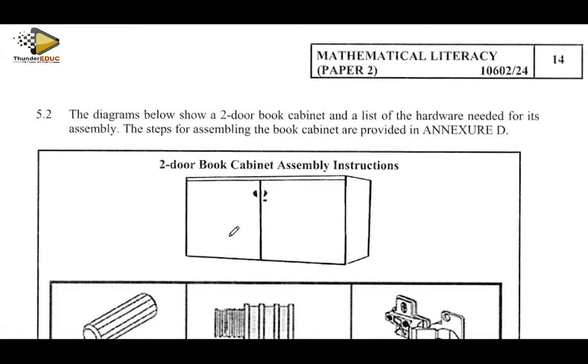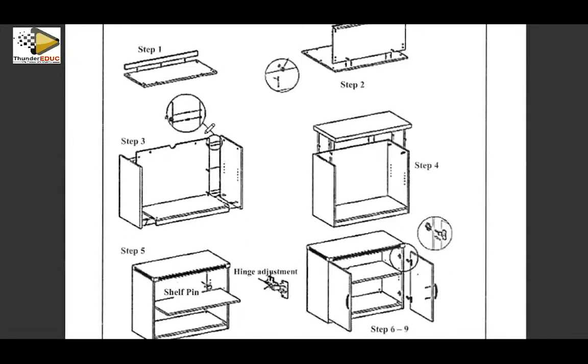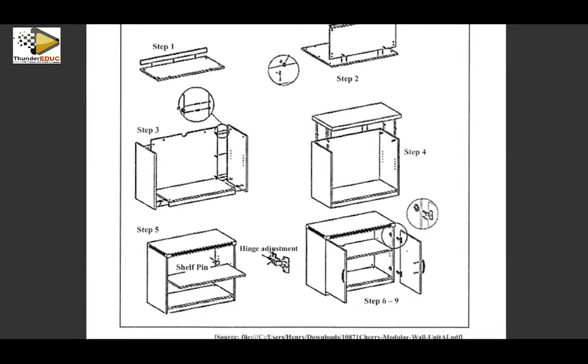The diagram below shows a two-door book cabinet and a list of hardware needed for its assembly. The steps for assembling the book cabinet are provided in Annexure D. This is how it looks like. We shall see also Annexure D, which is similarly like this.